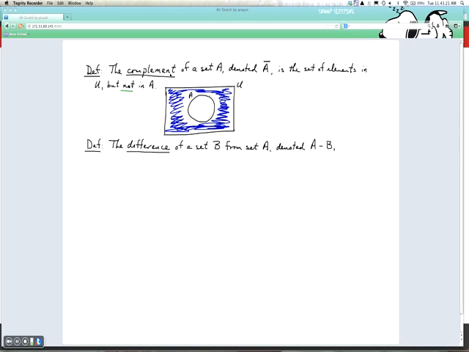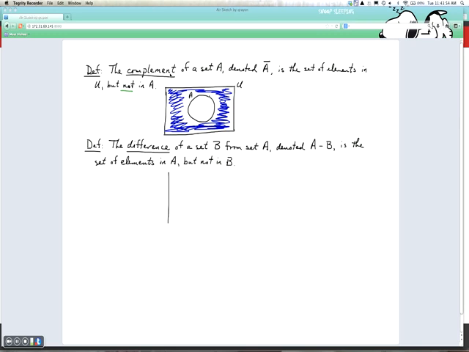Okay, this is the set B from the set A. Okay, is the set of elements in A, but not in B.